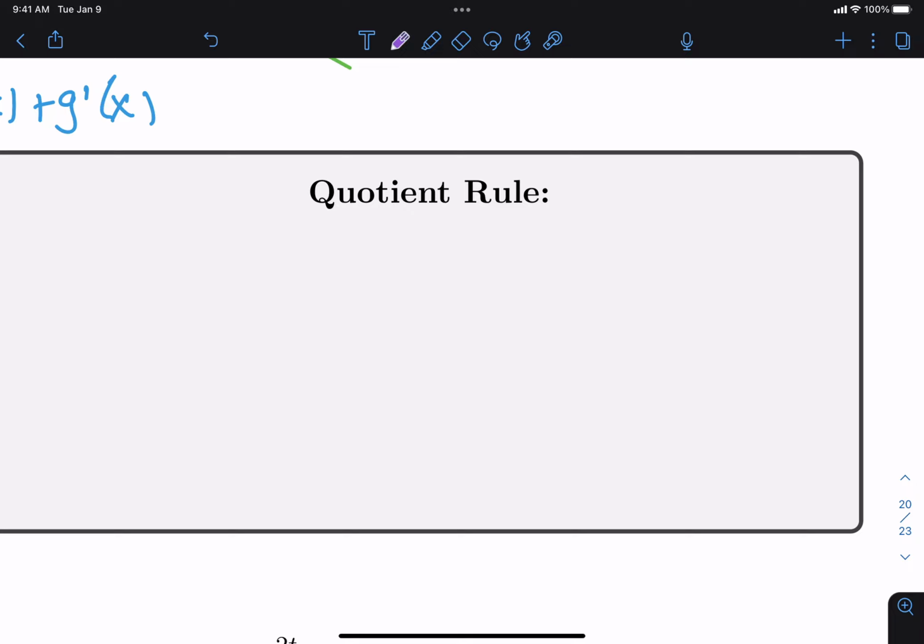So what is the quotient rule? The quotient rule is for when I want to do the derivative of one function being divided by another function.